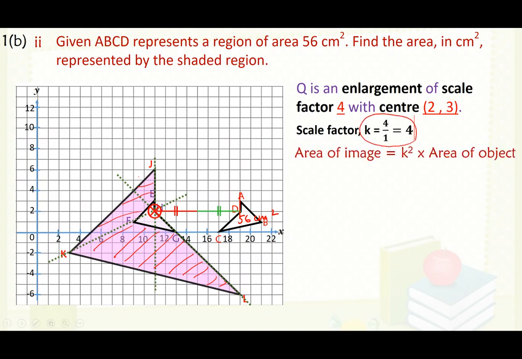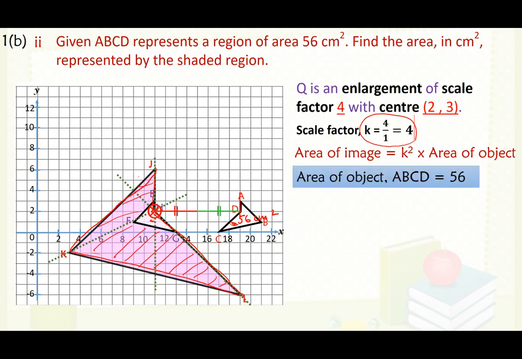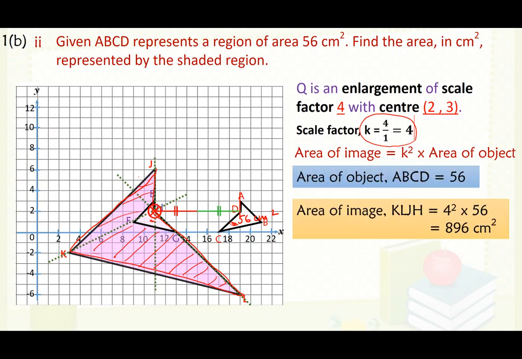Still remember the formula, area of image is equal to k squared times area of object. This is our object. Okay, this is object original. So image is this one, is it? The big side 是这整个，这个是 image. So area of the image is k squared, 4 squared times the object 56.